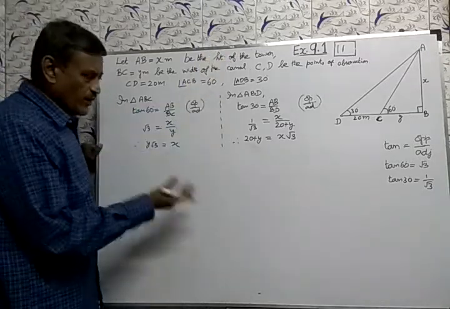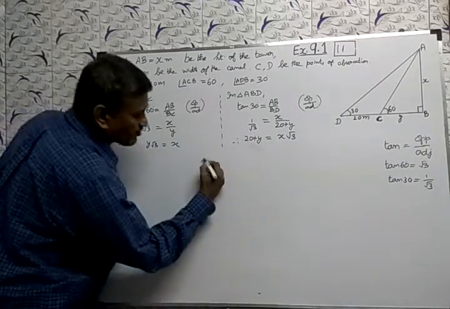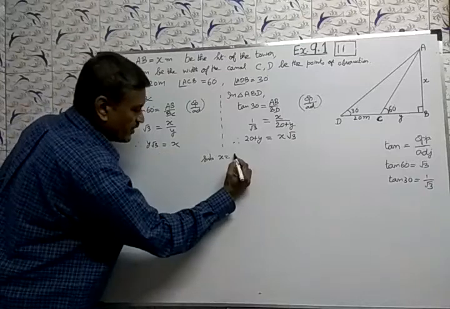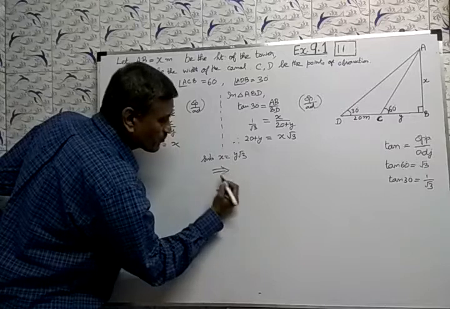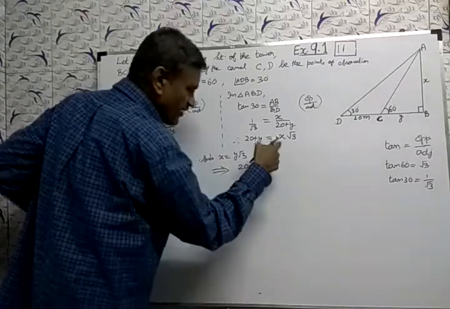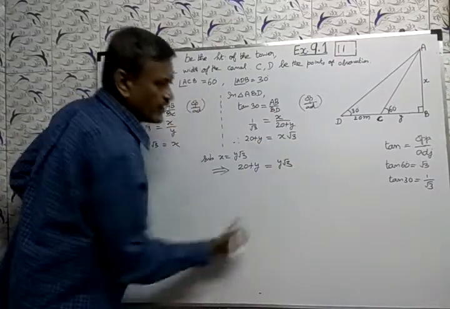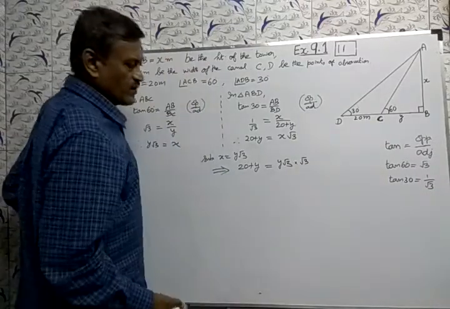You have to find both, and you can substitute either one. First I am going to substitute x equal to y root 3 here. So 20 plus y is equal to, instead of x, y root 3 into root 3.